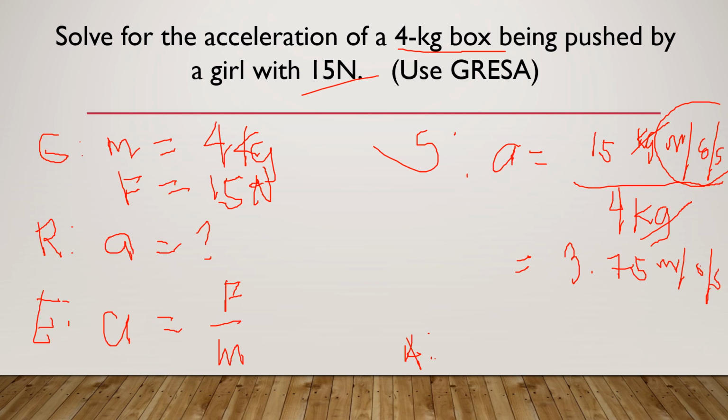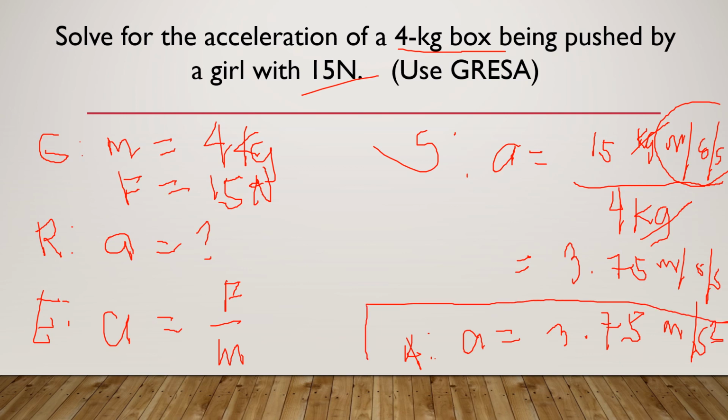You can also make this meter per second in the simplest form. So our answer is acceleration is equal to 3.75 meter per second squared. And then don't forget to box your final answer.